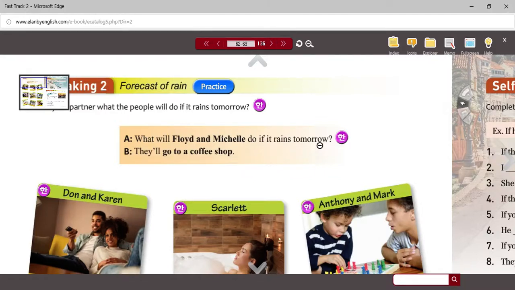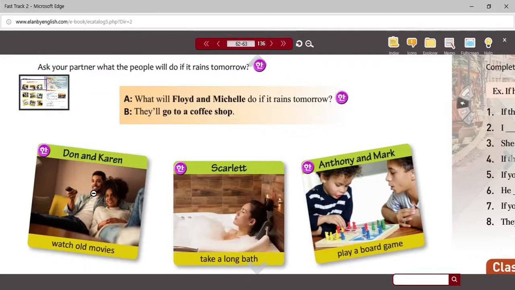Okay, so if it rains tomorrow, Don and Karen will watch old movies. And if it rains tomorrow, Scarlett will take a long bath. There's not much verb conjugation. We're using a modal for each of these. So they will go, he will go, she will go, it will go, we will go.